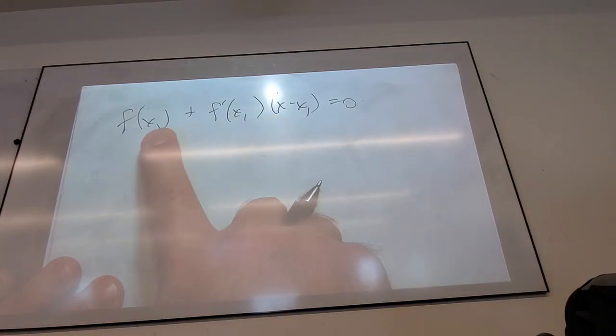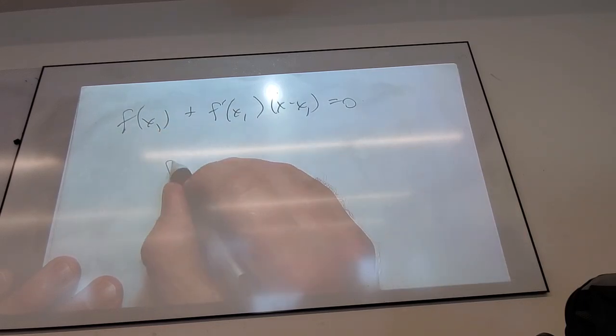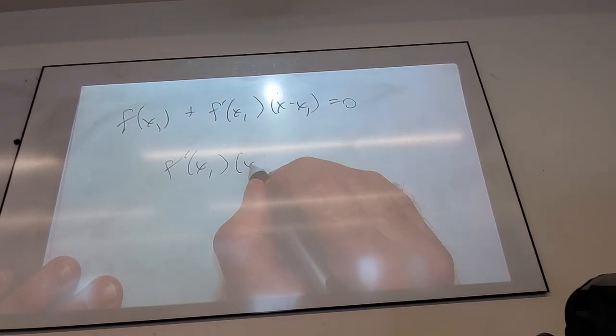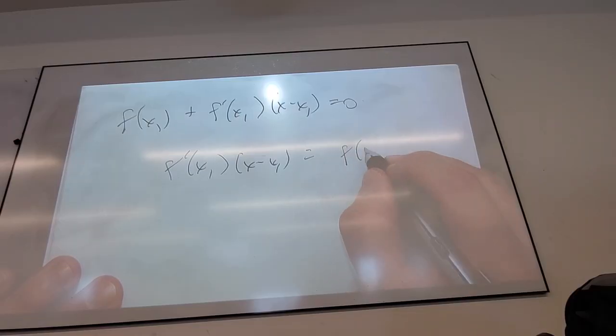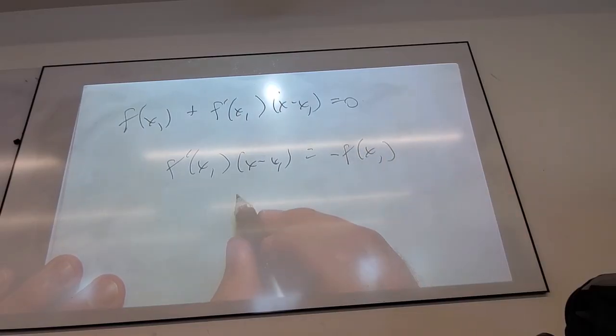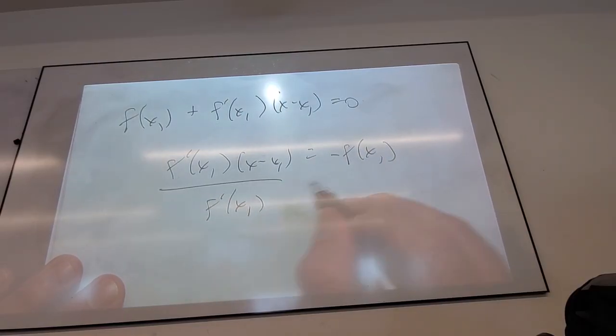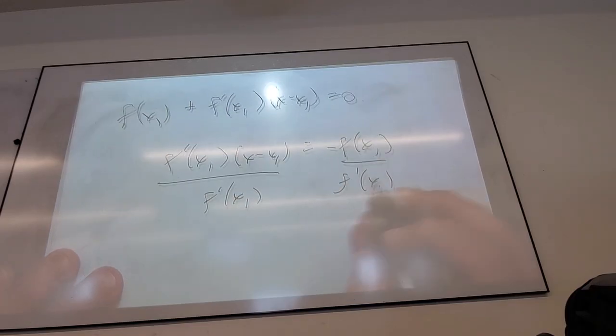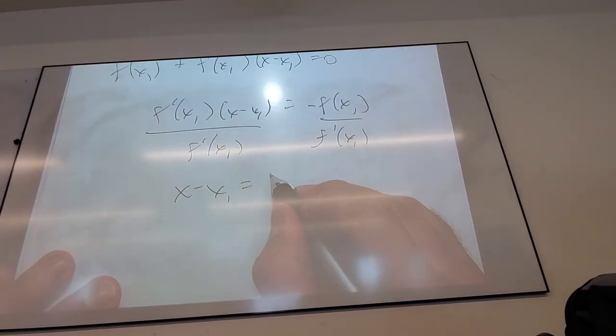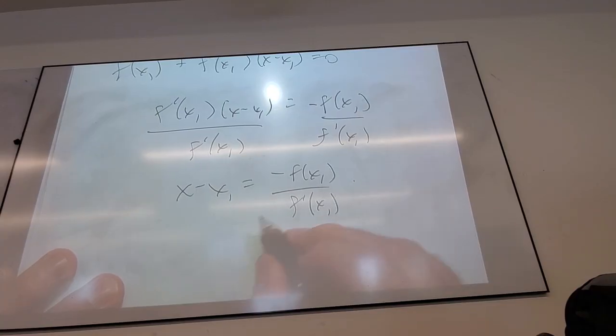You can do it. f prime's on one side, so subtract f of x1, so that'll be negative. Divide by f prime. And add x1.